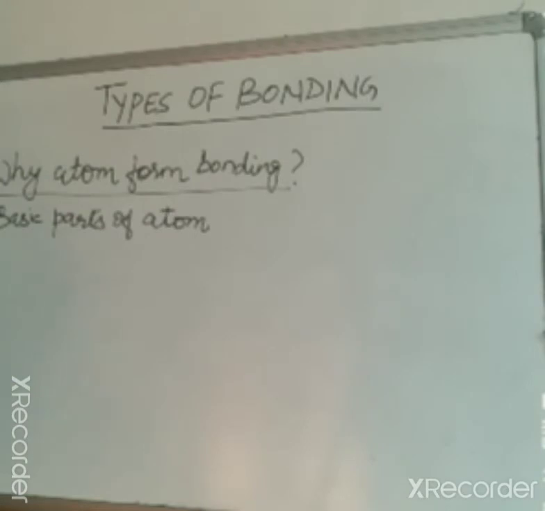If I take an example of beryllium from the periodic table, beryllium has atomic number 4 and atomic mass 9. So here, this beryllium atom consists of protons, electrons and neutrons.